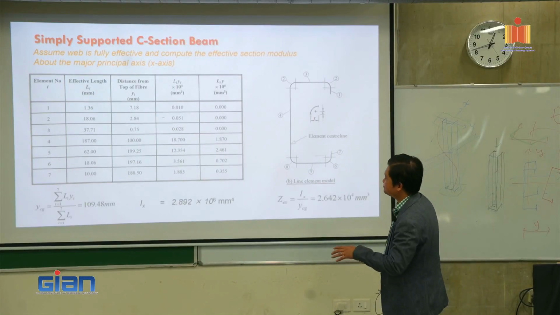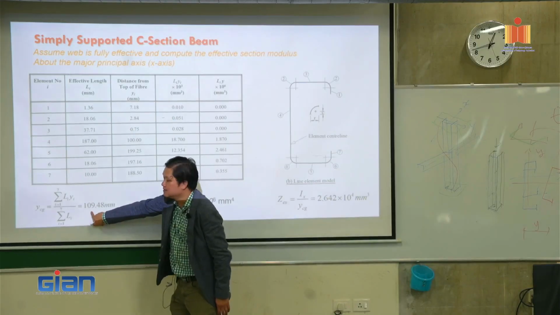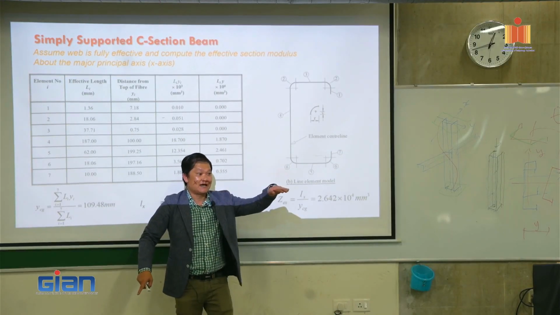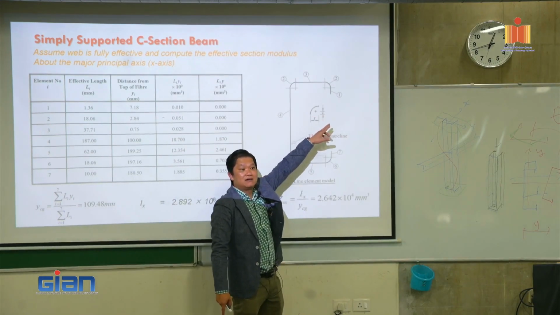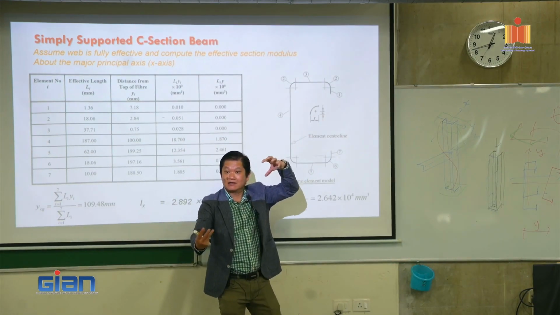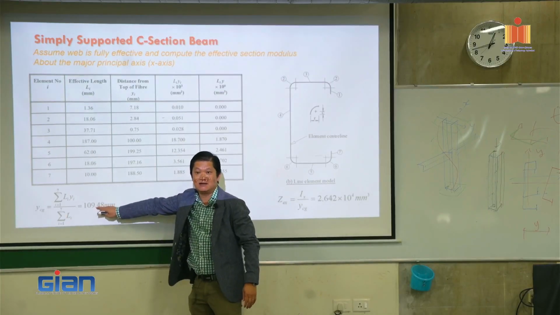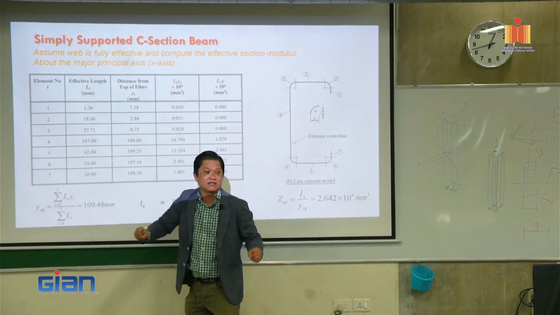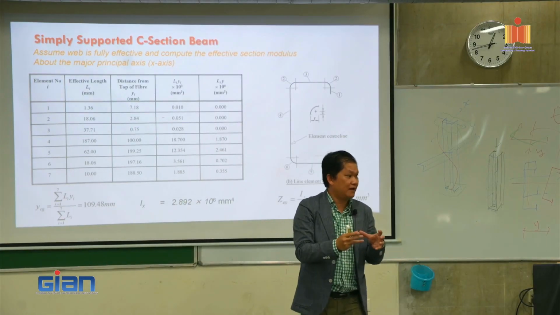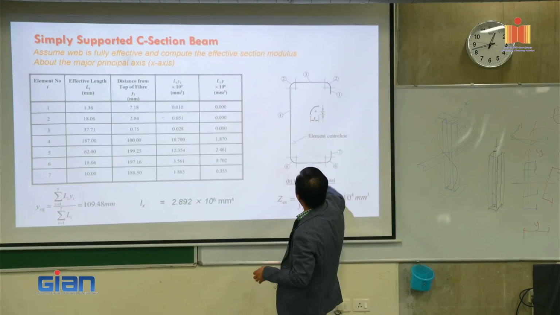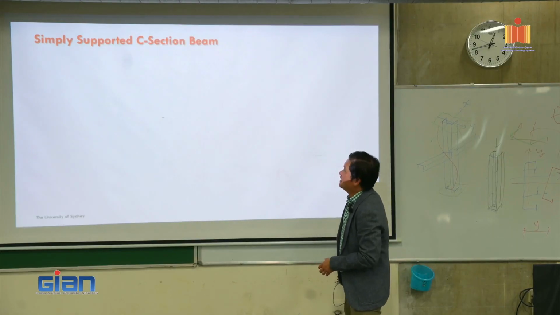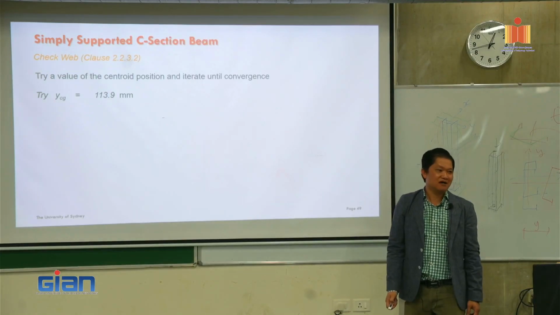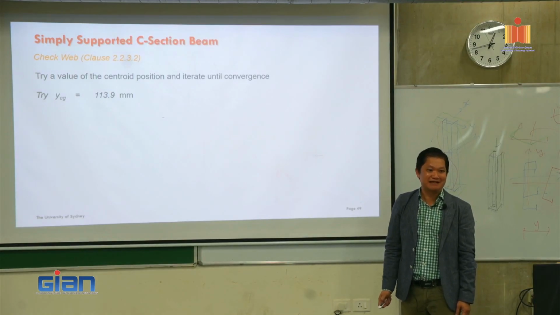Then we can calculate the new neutral axis in here. It's not right in the center anymore because the top flange and the lip are missing some area, so it shifts a little bit down. You see here? 109 instead of 100. This is based on the assumption that the web is fully effective. Right, and then we calculate again. Now the painful part is coming in.